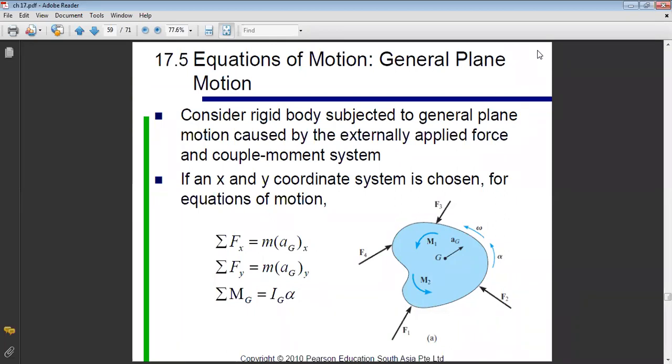It's only applicable in one particular case where you have a disk rolling without slipping, and it should be a homogeneous disk. So to not have any conflict, don't use sum of moments about the IC in general plane motion. Use only sum of moments about G equals I_G alpha.